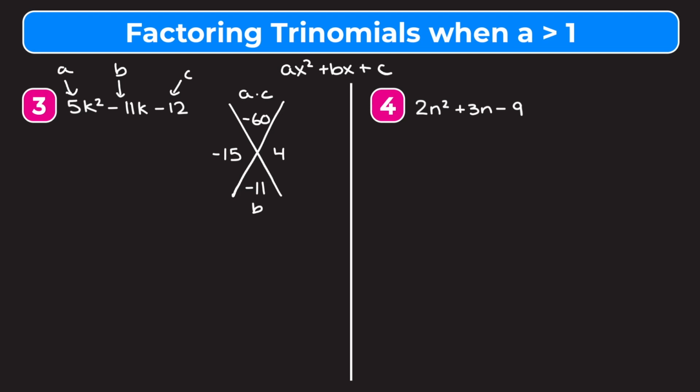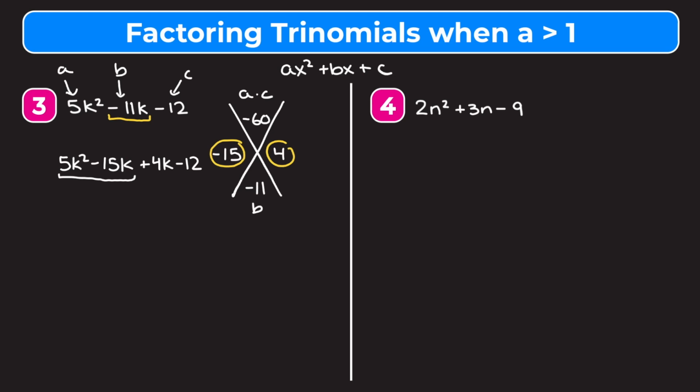Now we're going to split this middle term up into two terms with these coefficients. So we're going to have 5k squared minus 15k plus 4k minus 12, and now we're going to factor by grouping. So we're going to factor these two terms first.